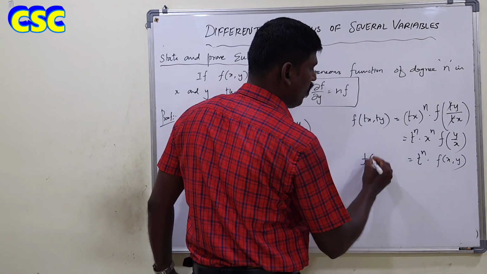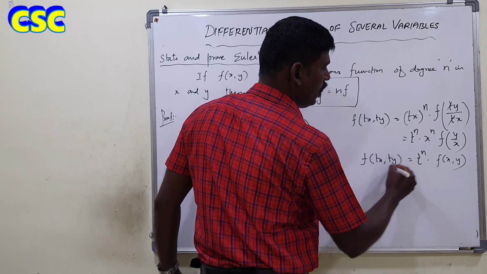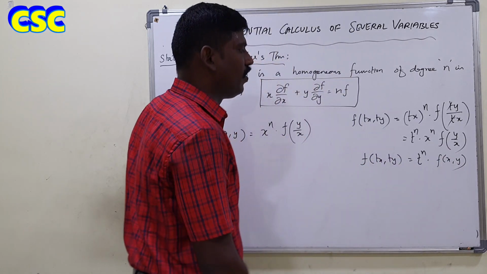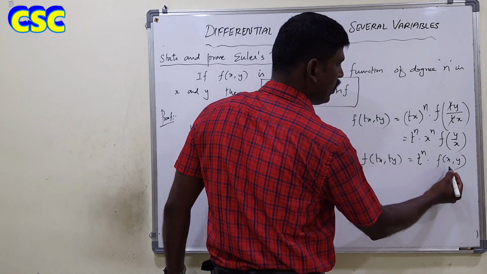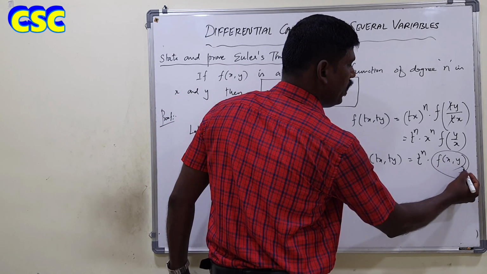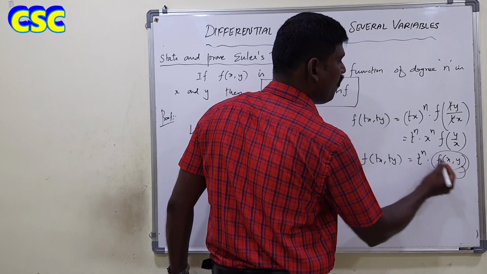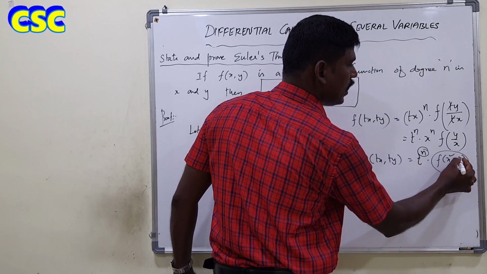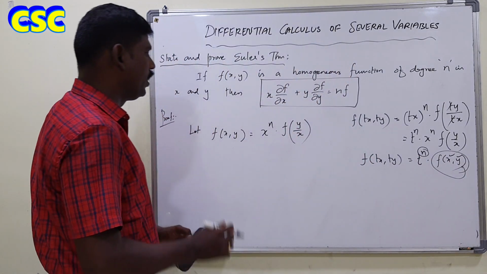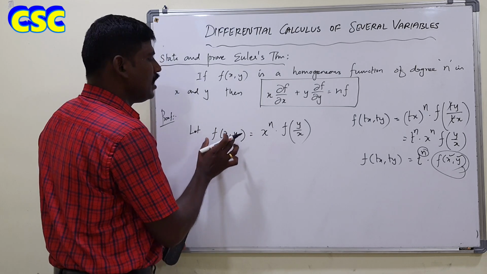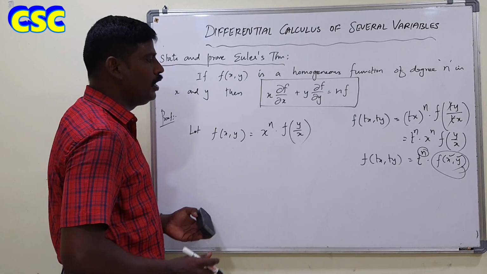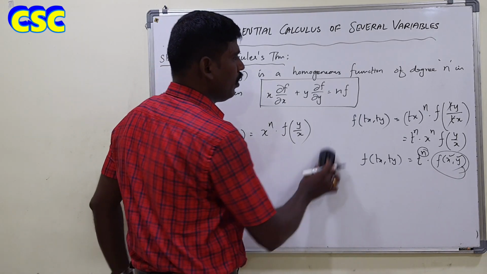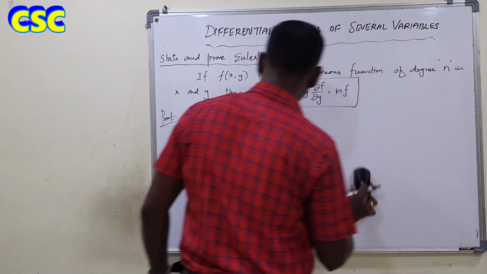So f of tx comma ty is equal to t power n into f of x comma y. Therefore, f of x comma y is a homogeneous function of degree n in x and y. So that's why I am taking f of x comma y equal to x power n into f of y by x.